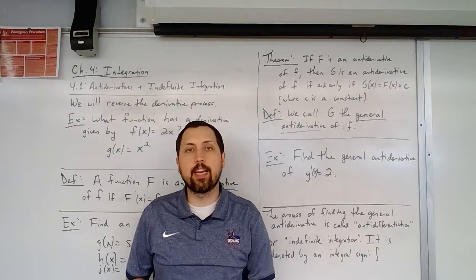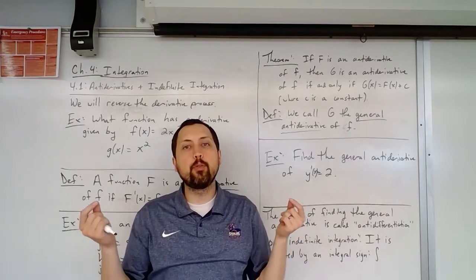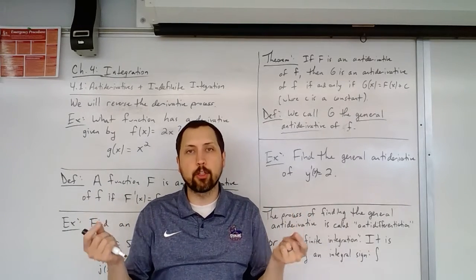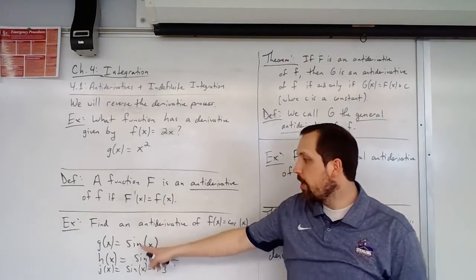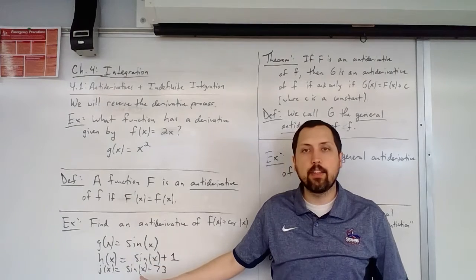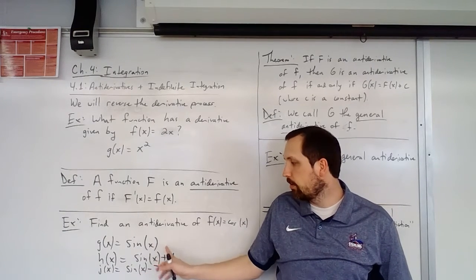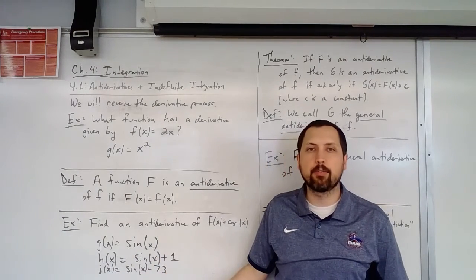Or in other words, the only way to have two different antiderivatives of a function is if they only differ by a constant. So like we saw over here, the only difference between all of these is the constant. Either it's plus 0, plus 1, negative 73.